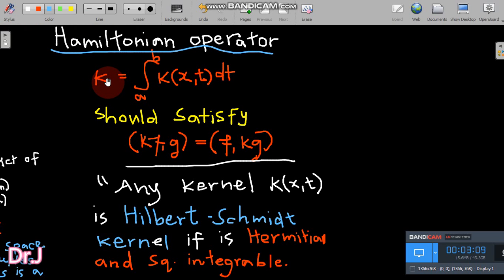If K equals the integration from a to b of K(x, t) dt, and this operator satisfies this condition, that is, the inner product of Kf and g equals the inner product of f and Kg, (Kf, g) = (f, Kg), then this operator we call the Hamiltonian operator. This operator K, the integral from a to b of K(x, t) dt, is called the Hamiltonian operator.